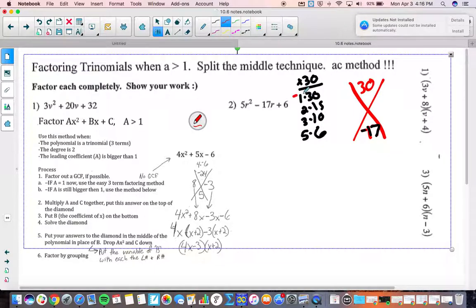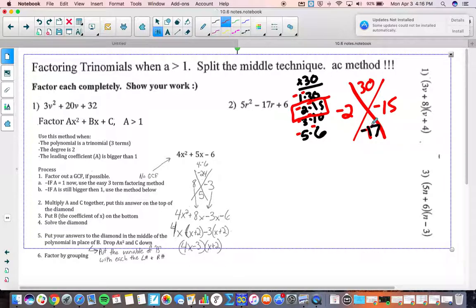Well, remember, we can change both sets of factors to negatives, because a negative times a negative is a positive. So, hey, this combination right here, negative 2 and negative 15, multiplies to 30, and it adds to negative 17. So that is the answer.